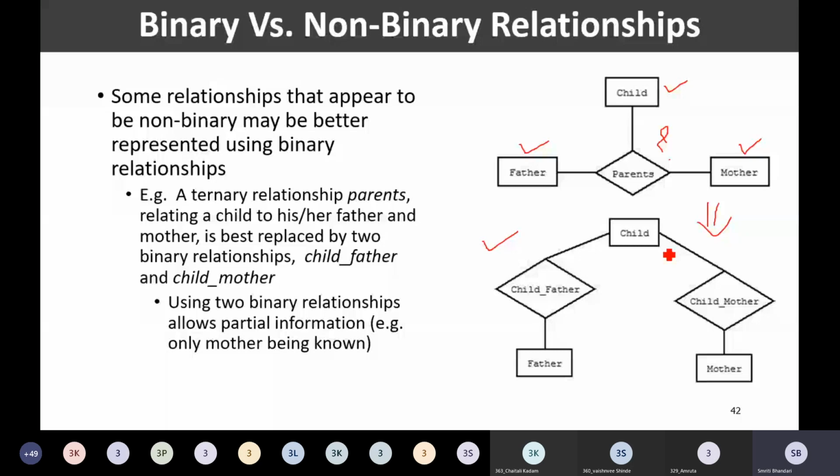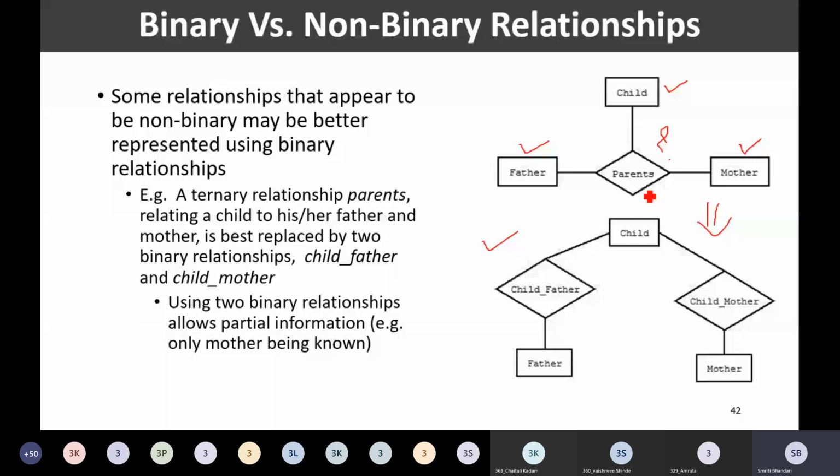Correct? So what I want to discuss with this example is that some relationships appear to be non-binary. So this parent relationship is non-binary.